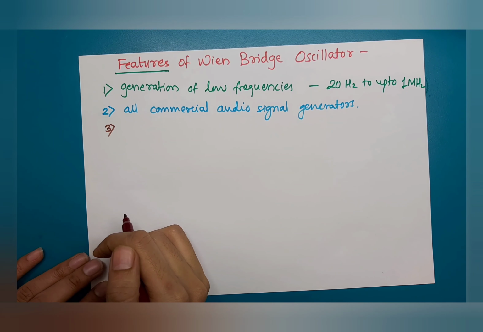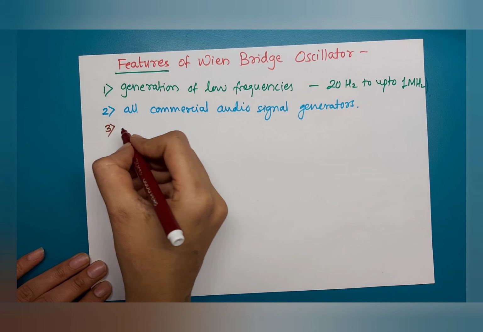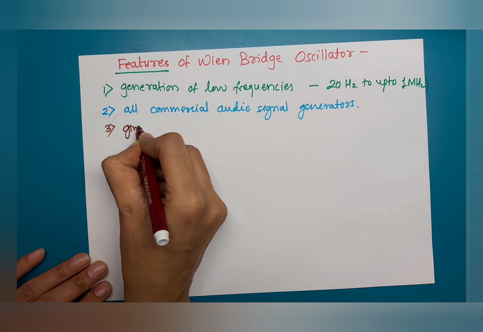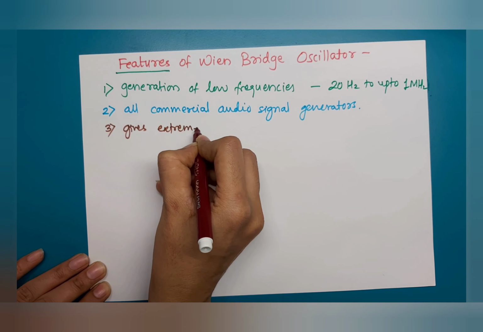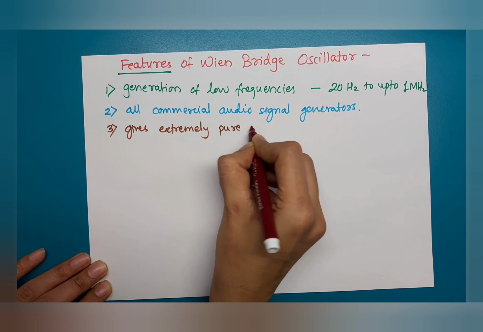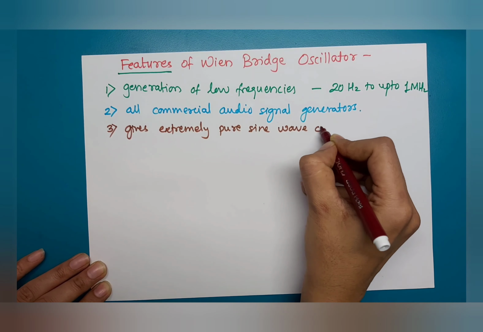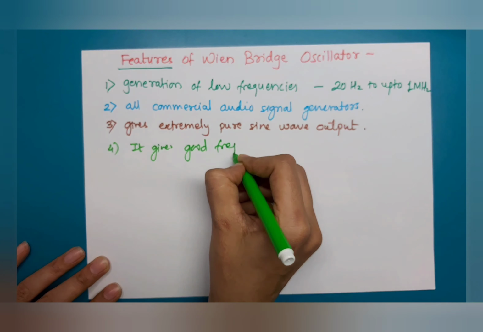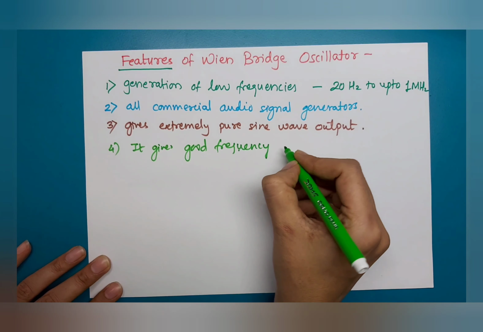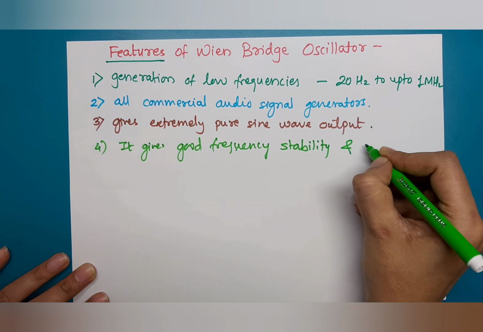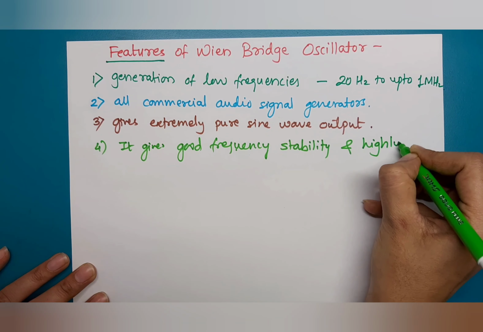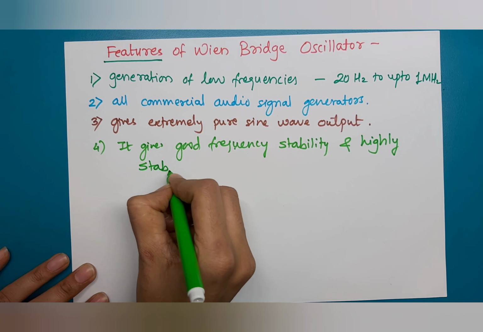The advantage of Wien bridge oscillator is that it gives extremely pure sine wave output. It gives good frequency stability, and highly stabilized amplitude.